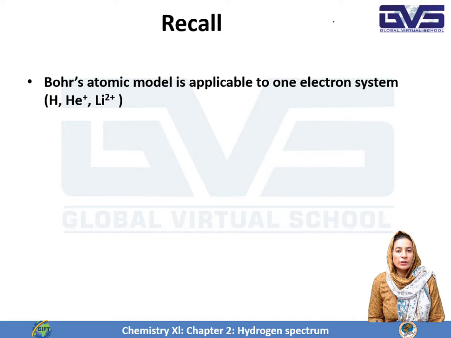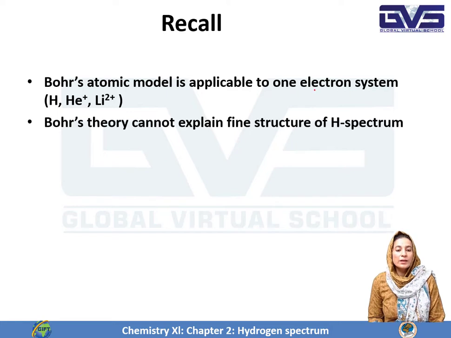I will quickly recall the defects of Bohr's model. Bohr's model is applicable to a one-electron system and does not explain the spectrum of a multiple-electron system. Its second defect was that Bohr's theory cannot explain the fine structure of the hydrogen spectrum.